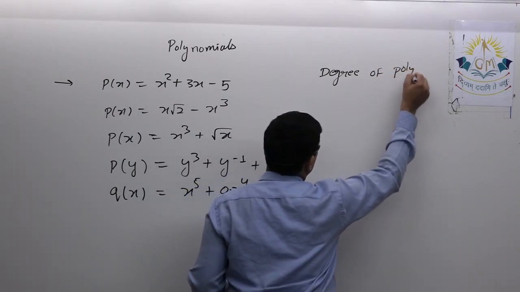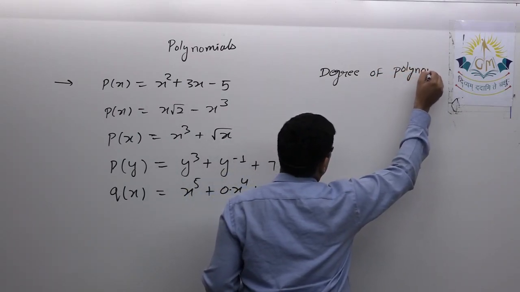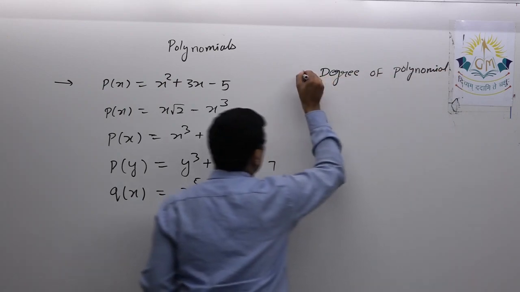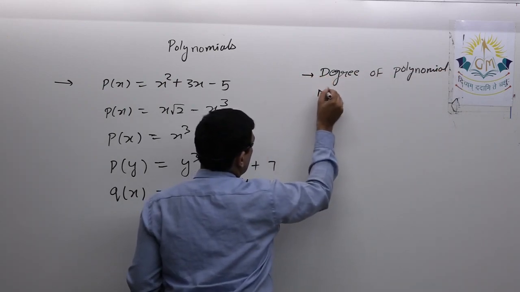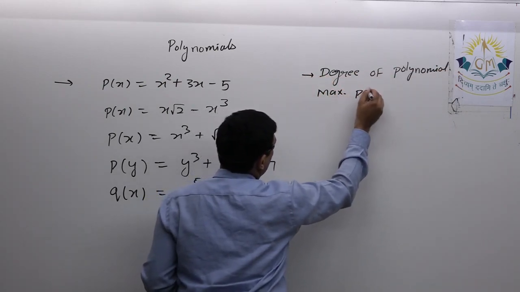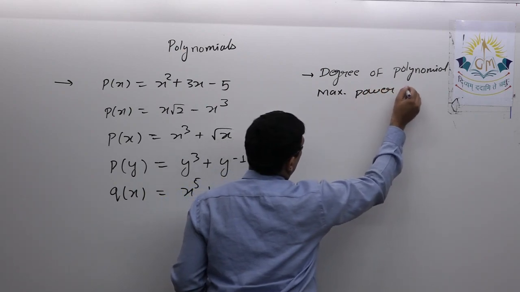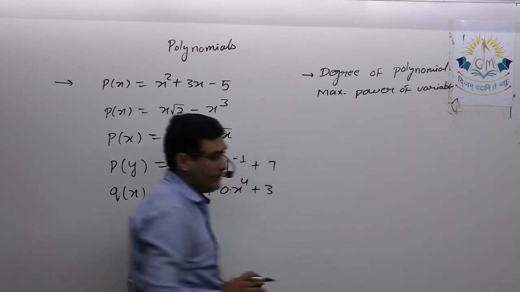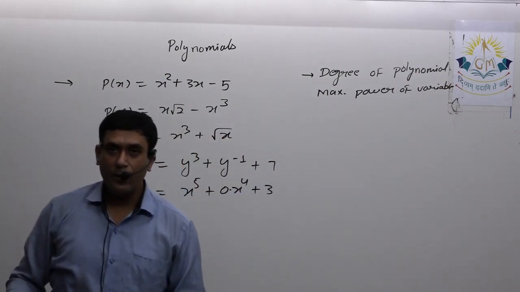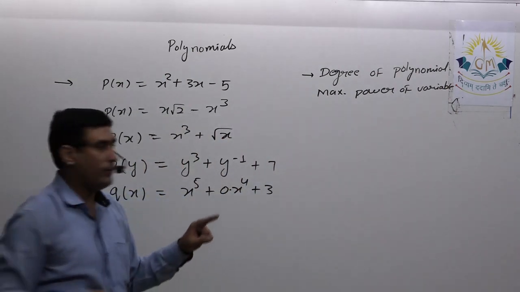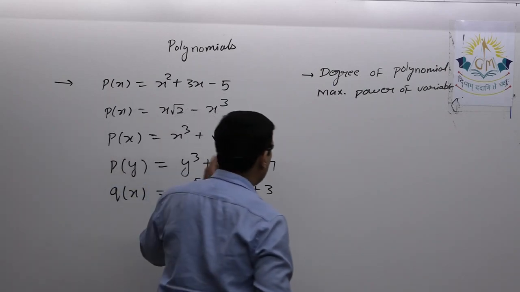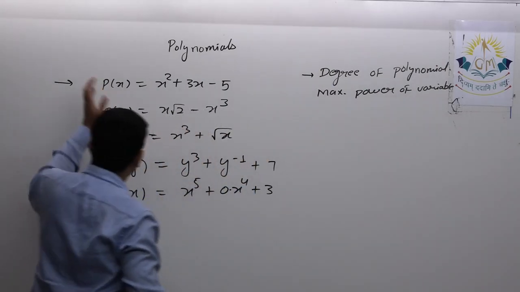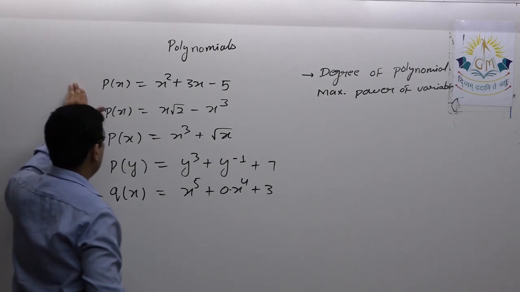This is the second thing we're going to see. In short, I write: maximum power of variable. For example, let us see these examples.